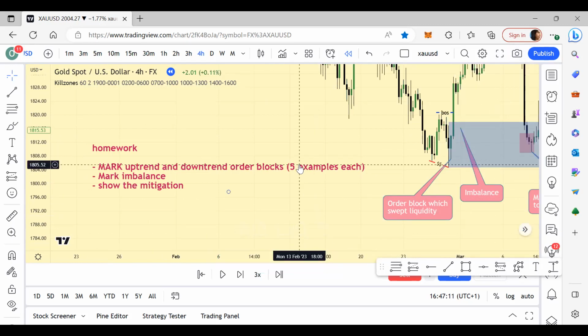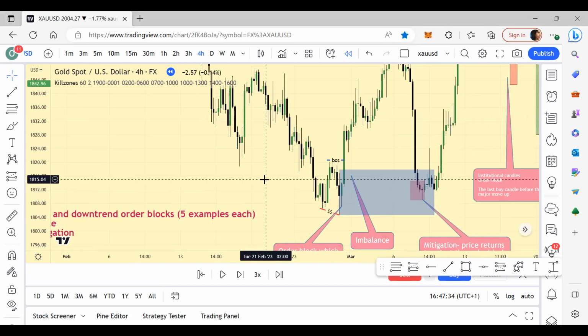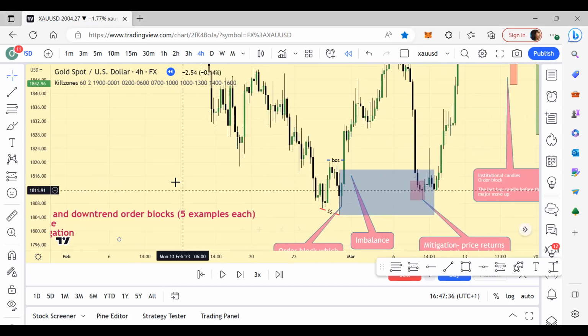So if you want to paste it, you can just paste it like this. Do you get that? So put that all in a Word document and send it to the Telegram or WhatsApp group.